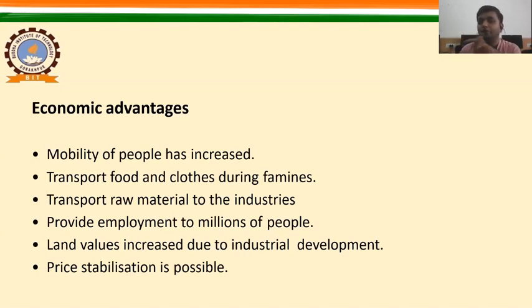If there is any industry across the country, it needs raw material, and the raw material has to be transported from the source to the place where the industry has been established. So railways has provided an effective way to transport food, clothes, as well as raw material to the industry.